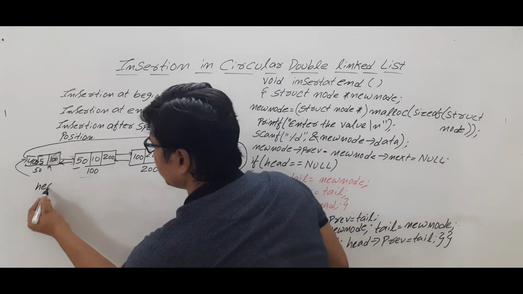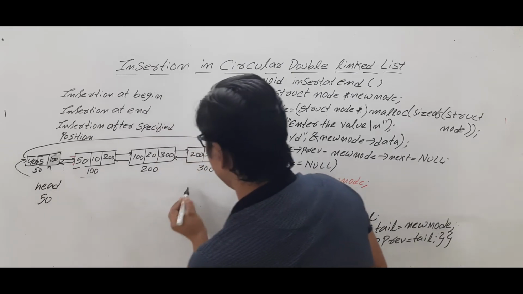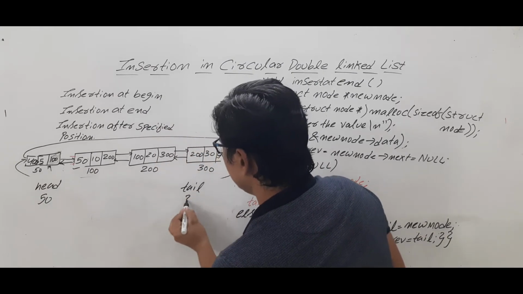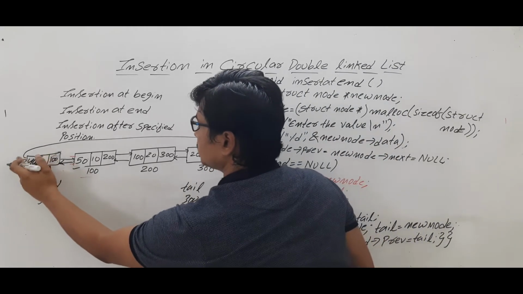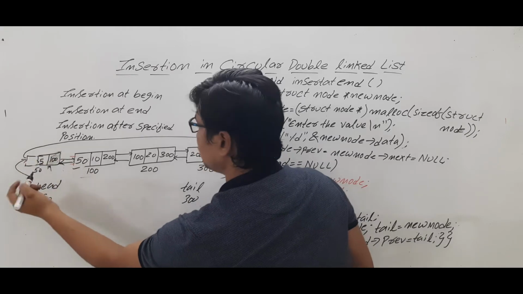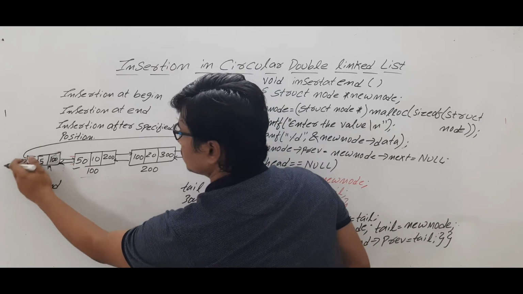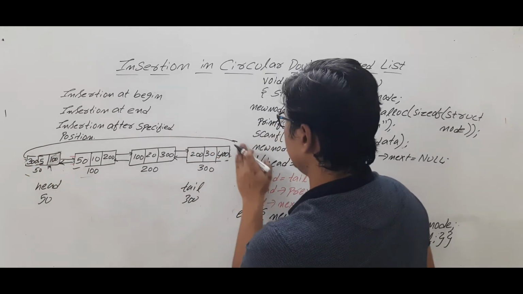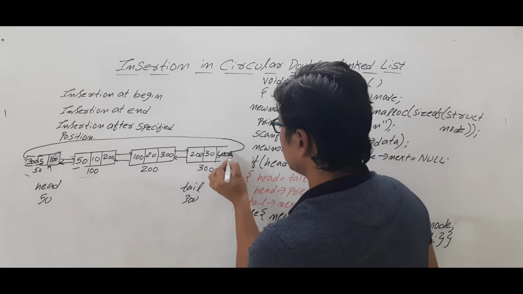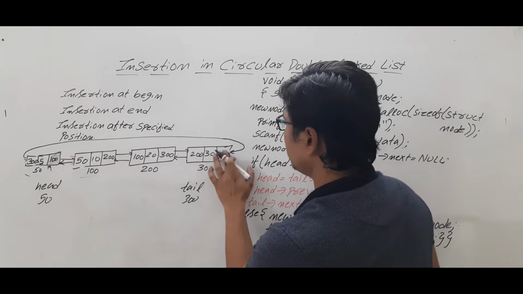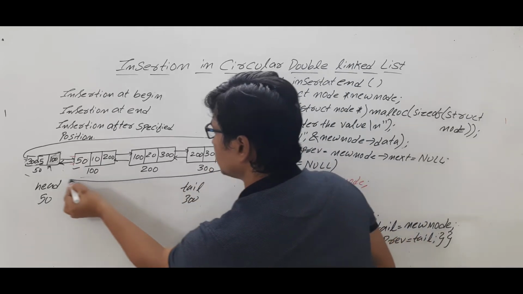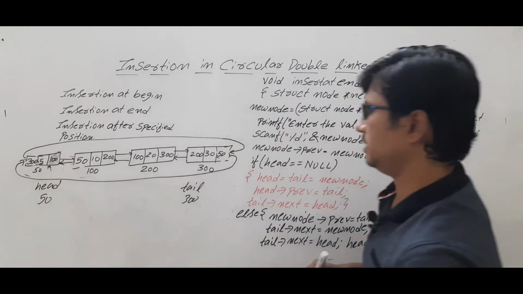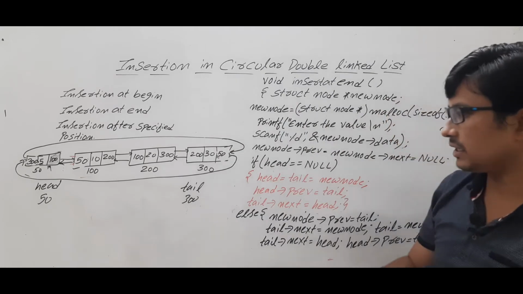Head will be 50 and tail will be 300. So you have a connection like this. The last node is connecting to the first node and here you will have 50. So this node is connecting to the first node. So that is the circular double linked list. I hope you have understood.